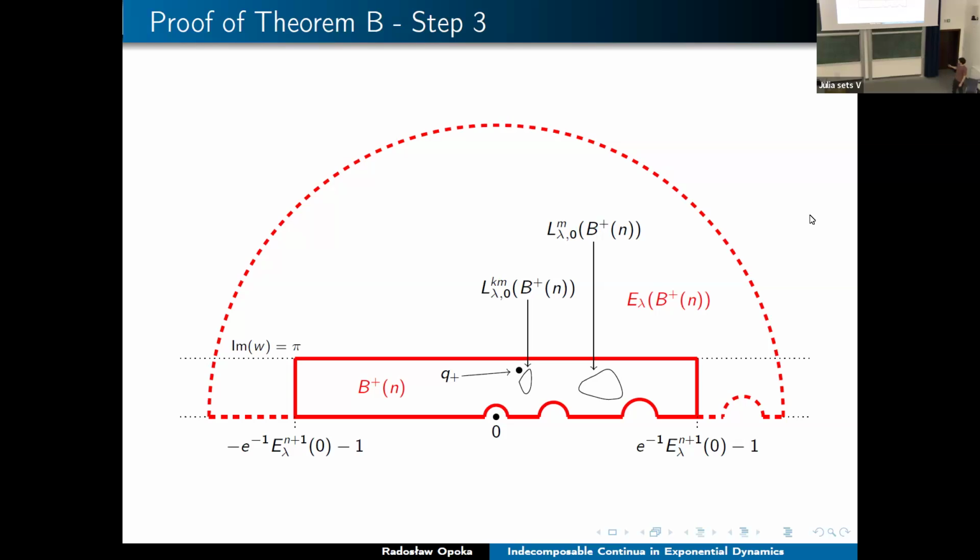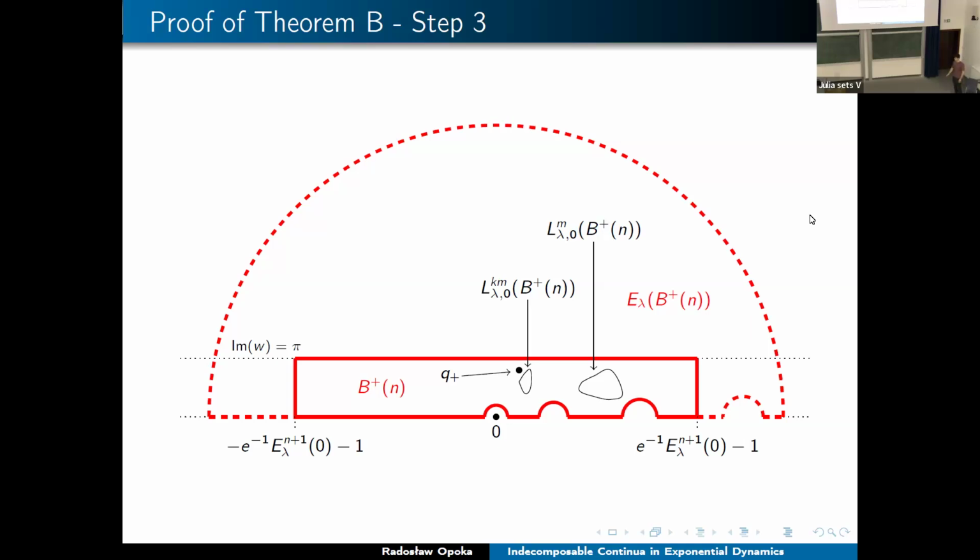But for every point on the boundary of this set, there is a number which depends on n, such that after that number of iterations of this point, we are out of the B plus. For example, if we are here, then the image is somewhere here, then here, here, here, and we are out. So in fact, there is an m such that if we compose logarithms and evaluate it on the B plus of n, we are inside the interior.